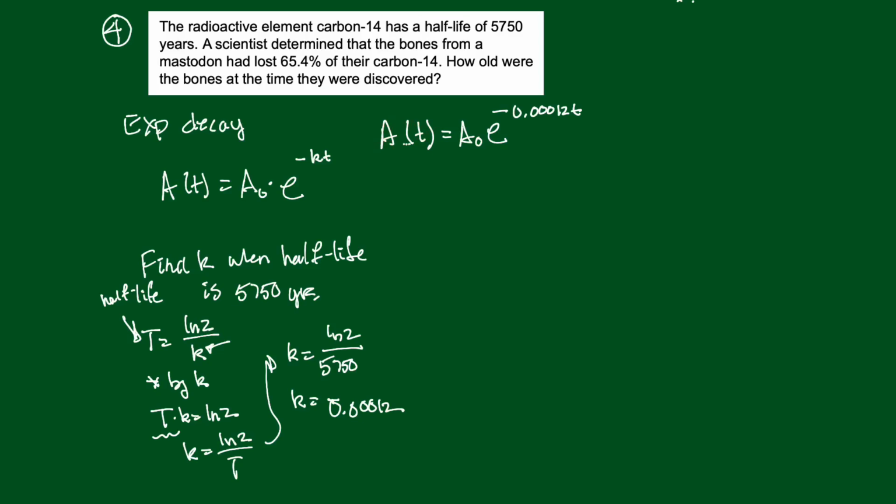Now, in our particular case, A of t, all right, careful here. A of t, this is the amount left. Now, what we're told is that the mastodon had lost 65.4%. So A of t is going to be 100% minus 65.4%.